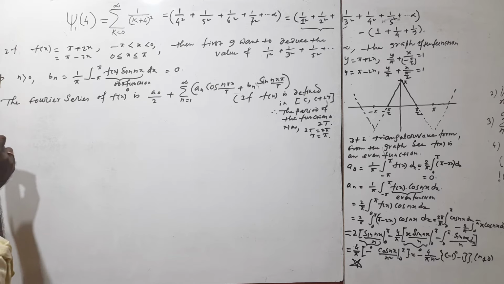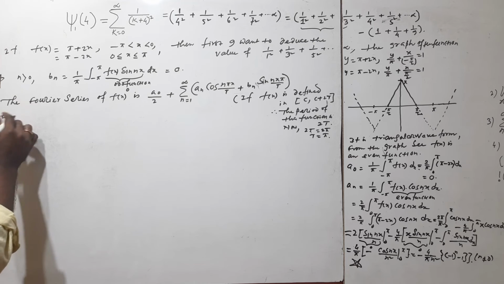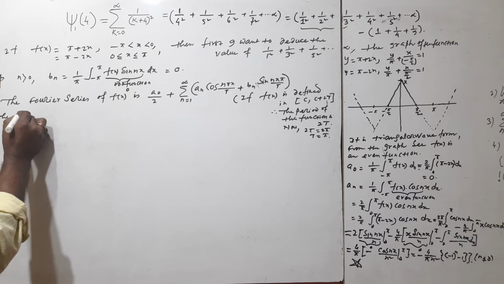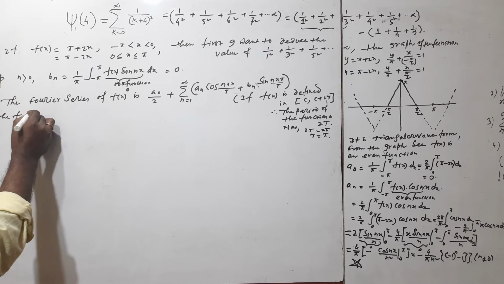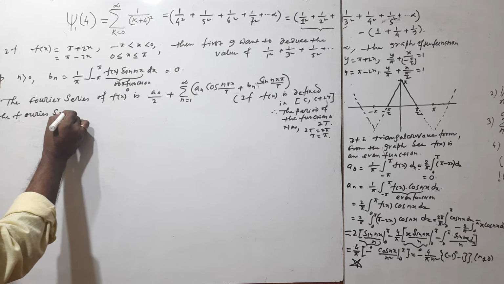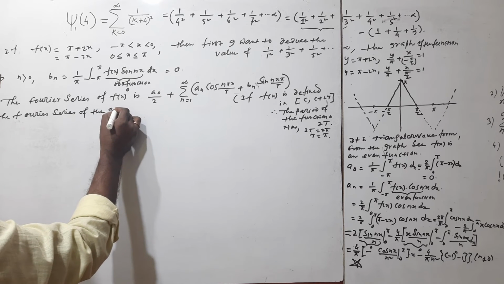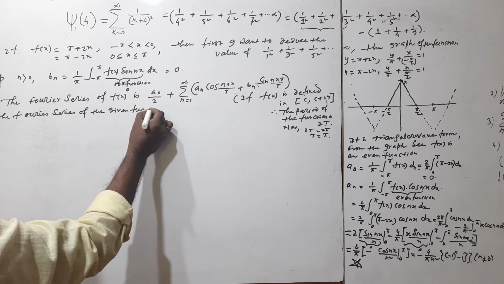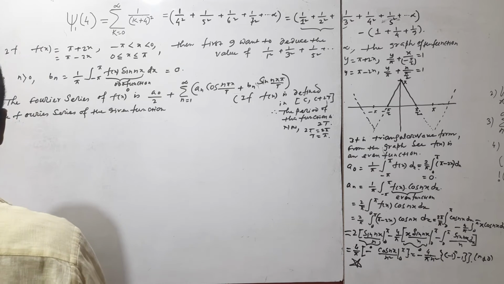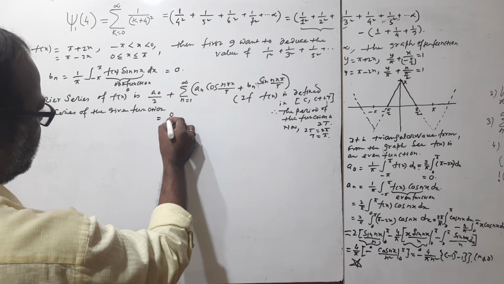Therefore the Fourier series of the given function is equal to, actually a naught means 0 by 2.